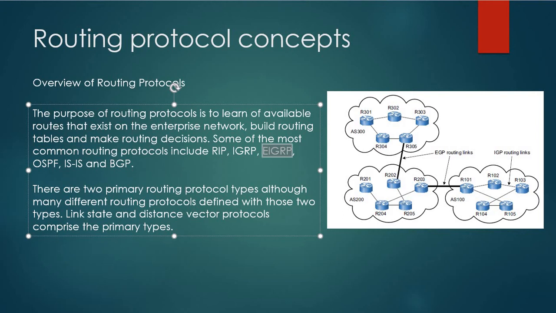Enhanced IGRP, the enhanced interior gateway routing protocol, is a hybrid routing protocol developed by Cisco itself for routing many protocols across the enterprise or company, or maybe buildings, or different types of large networks.